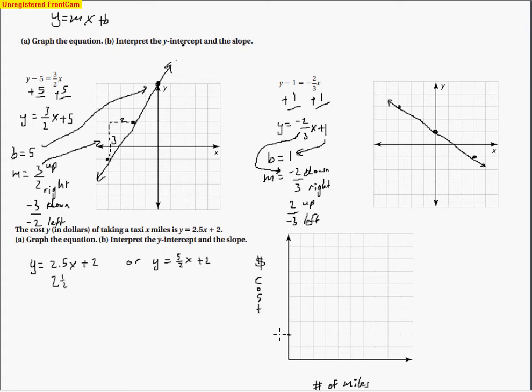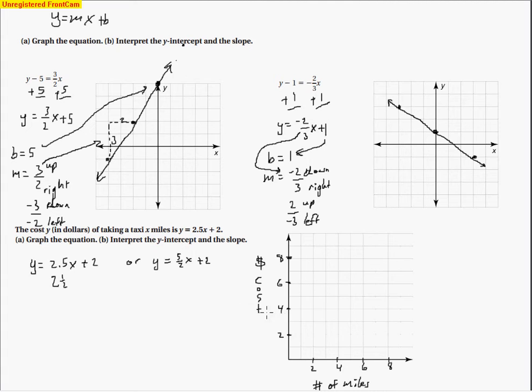So I'm going to call this point here 2, and this is 4, and this is 6 here, and this is 8. And so you can see in between there would be the 1s, and we'll just go by 1s here as well. So 2, 4, 6, and 8. So I'll just mark these a little bit more so they're a little clearer. And we'll go ahead and plot our points.